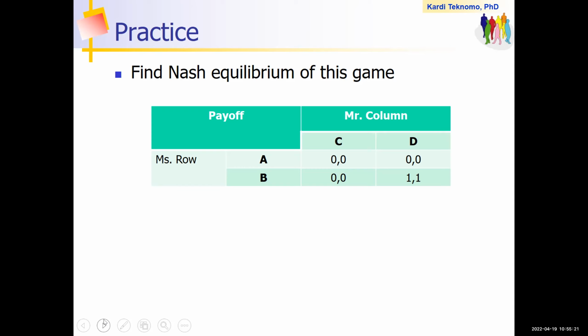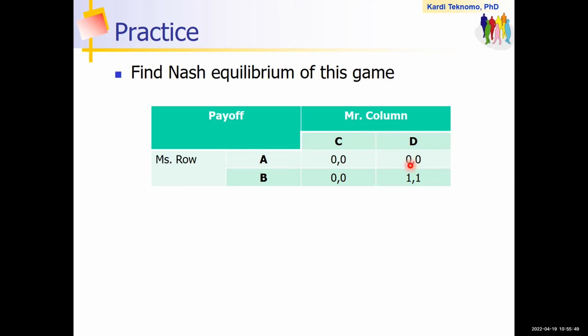Between C and D, if Miss Row plays A, let me use the laser pointer. I will say Miss Row plays A first. What will Mr. Column do? That means 0 and 0.